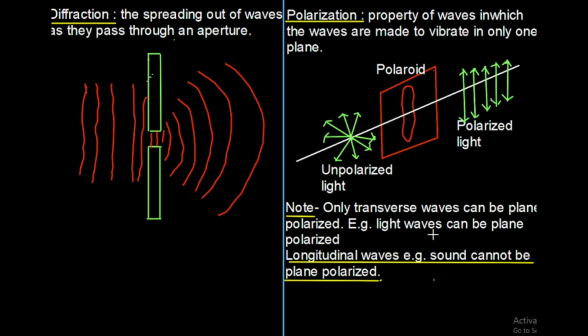So in other words, light waves can be plane polarized and all the other transverse waves can be plane polarized. Longitudinal waves cannot be plane polarized because they are in one plane already. For example, sound cannot be plane polarized, but light can be plane polarized.